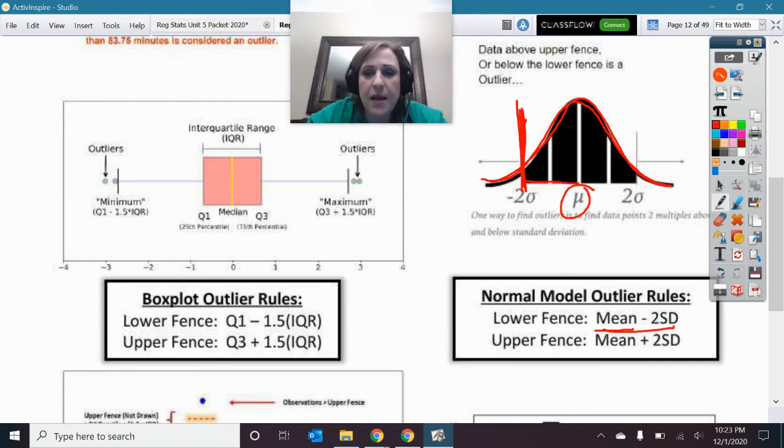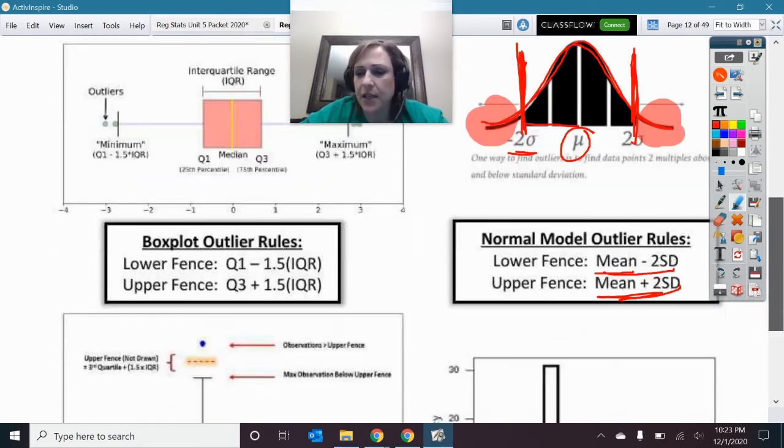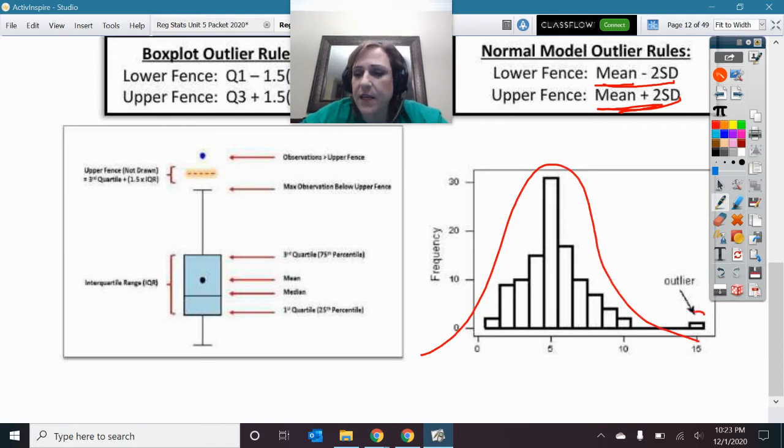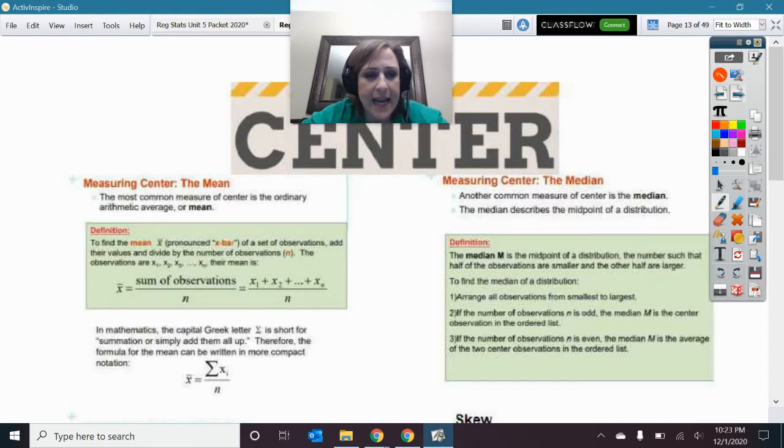Here's the mean, minus 2 of the standard deviations. The upper fence is the mean plus 2 standard deviations. So let's discuss, where are the outliers? Remember, data above the upper fence or below the lower fence are the outliers. And of course, here we have something just unusual out there. That's your outlier.